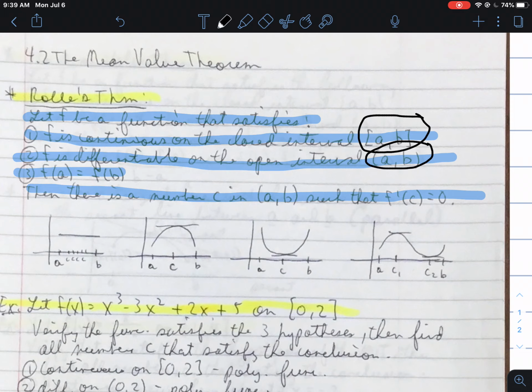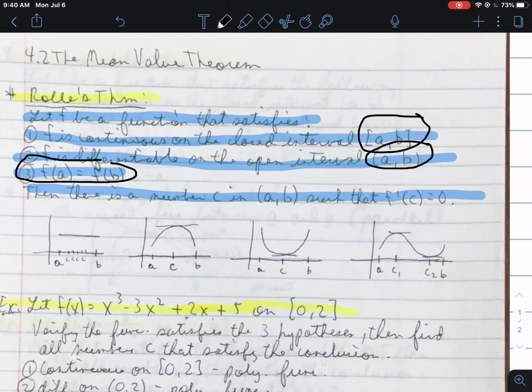We never talk about differentiability at the endpoint of an interval, simply the fact that it's differentiable at every point in the interval. Now, for Rolle's theorem, we also have a third requirement, that f of a has to equal f of b. So we do it easily to show that. We plug in the endpoints of the interval a and b, and if we get the same function value, then we've met the three requirements to use Rolle's theorem.